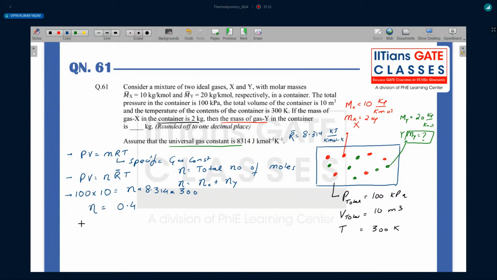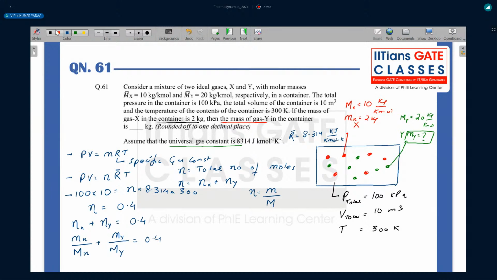Now what is n? n is equal to nx plus ny is equal to 0.4. Now how can you define number of moles? n is equal to mass by molecular weight. Okay, so I can write mass of X by molecular weight of X plus mass of Y by molecular weight of Y is equal to 0.4.